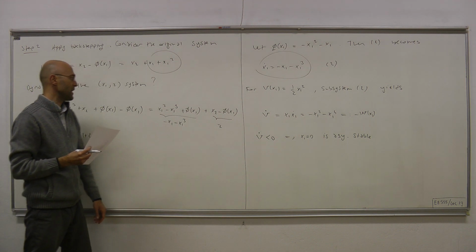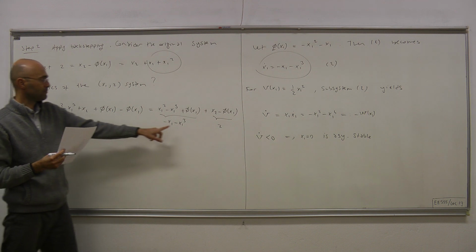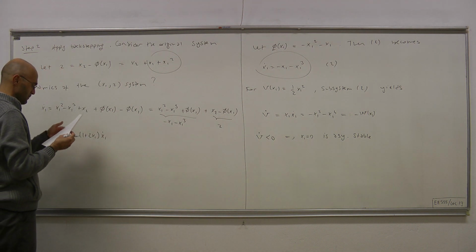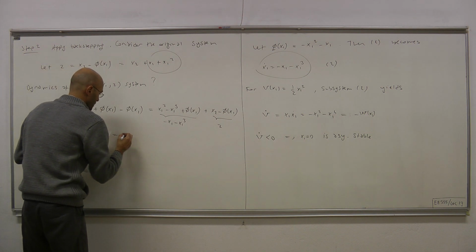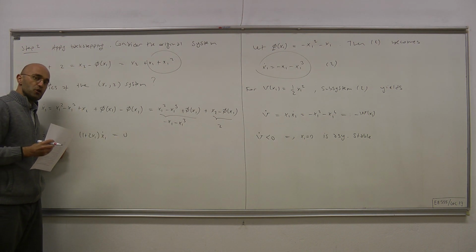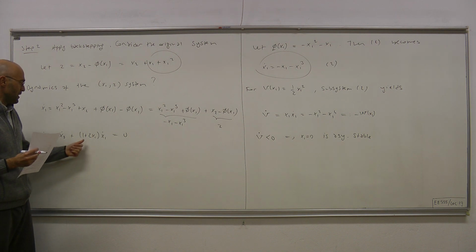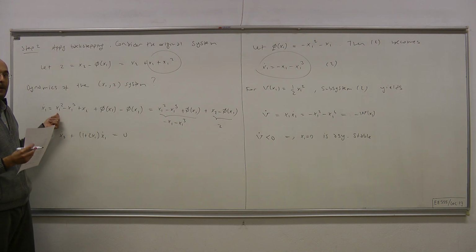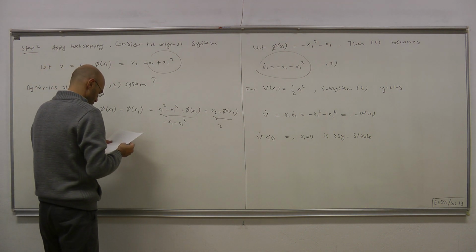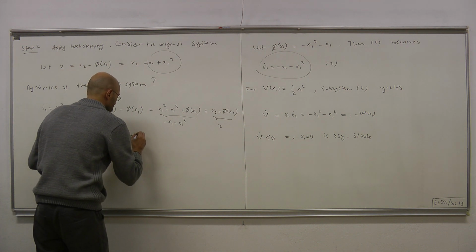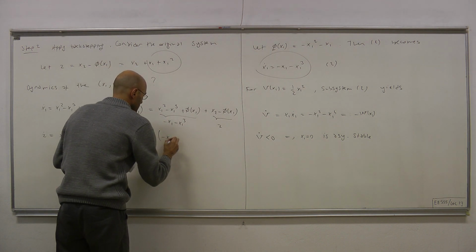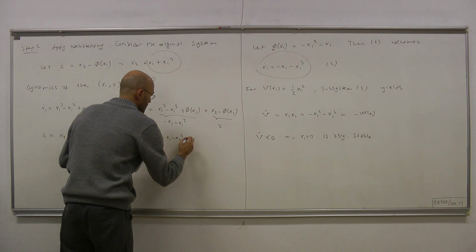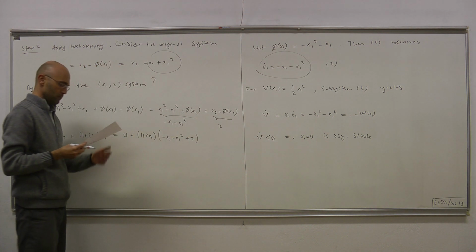And what's x1 dot? x1 dot is here. First of all, x2 dot was u, the control input in the original system, and here we have x1 dot in the upper line. So we can write plus 1 plus 2x1 times this term here, minus x1 cube plus z.